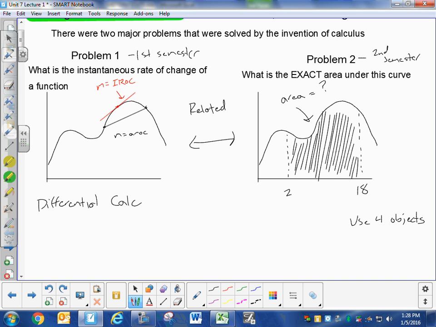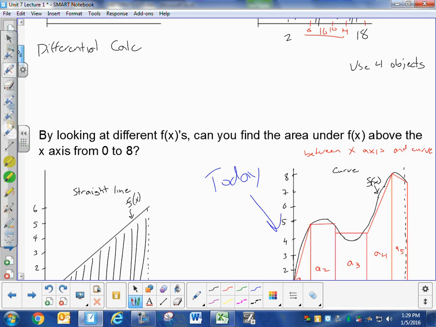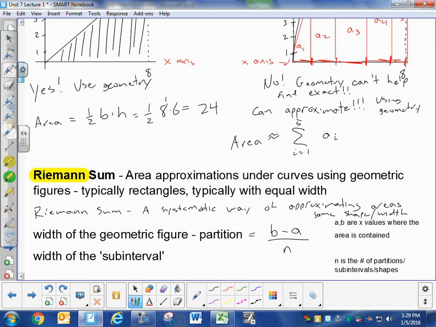What would be the width of each object? How do we know that? Well, we go from 2 to 18. This distance here is 16. So that's the x distance. I divide that by 4. So we know we'd go from 2 to 6, 6 to 10, 10 to 14, 14 to 18.